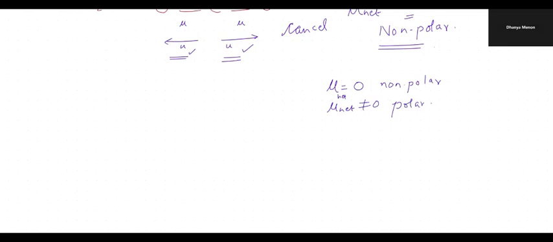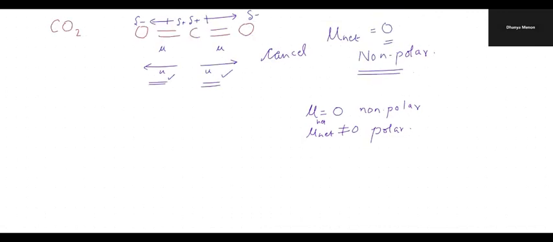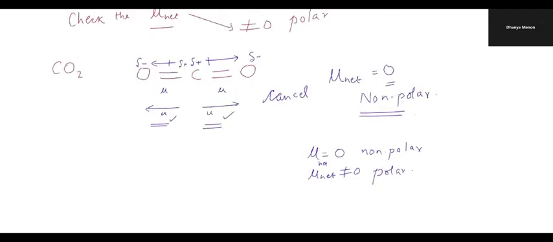So irrespective of whether the electronegativity difference is there or not, mu can be 0, mu cannot be 0. That depends upon the dipole moments, whether they are cancelling each other or not. If they cancel each other, even with electronegativity difference like carbon dioxide, we consider it as non-polar. Why? Because the individual dipole moments cancel each other. I hope it is clear till here.